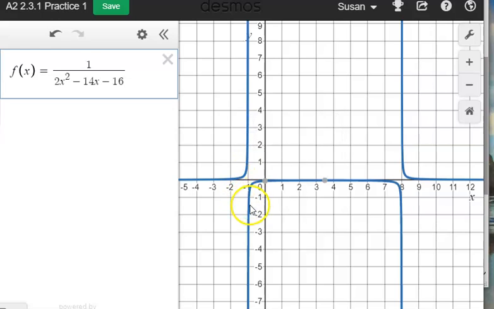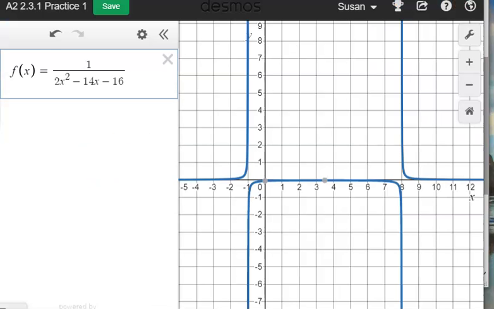And over here's the same. And then the same happens at 8. See, there's a vertical asymptote here, 7.991, but it's not going to reach it. It looks like it touches, but it doesn't. And the same over here. So there are vertical asymptotes in the graph at those two locations.